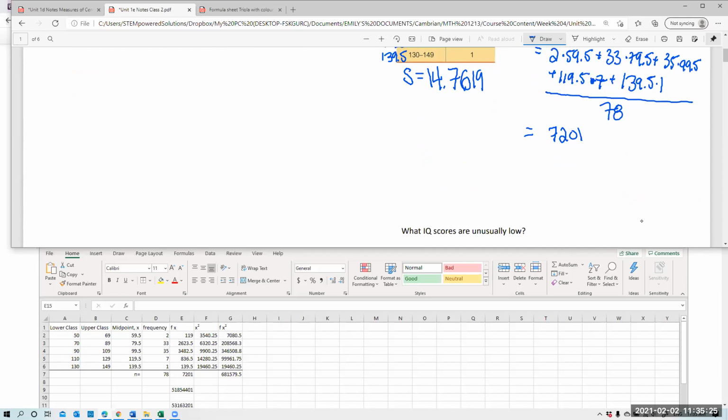And then we divide that by 78. So 7,201 divided by 78 equals 92.32. So that's our average for this frequency table.